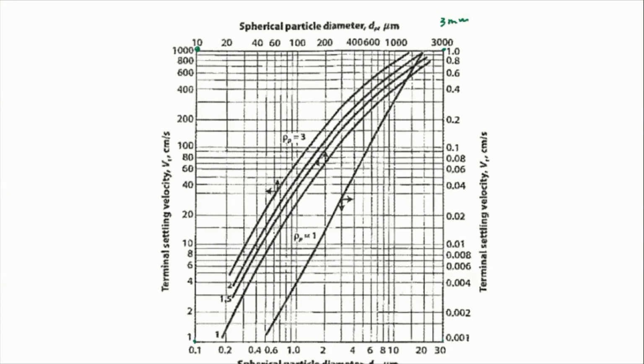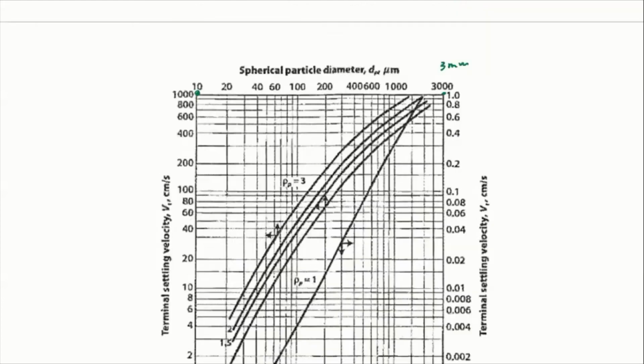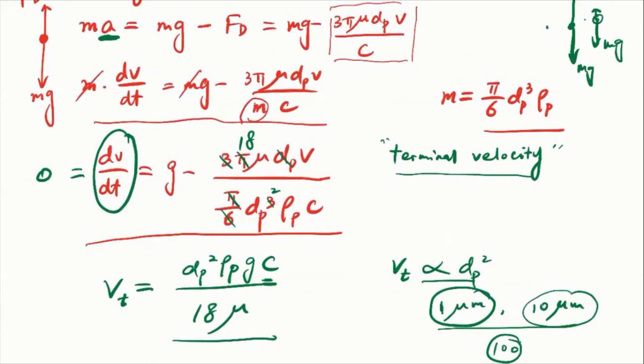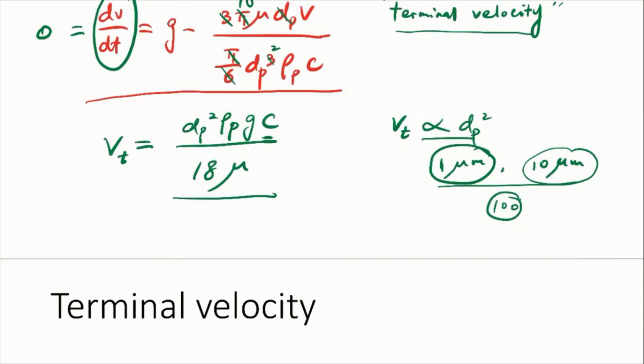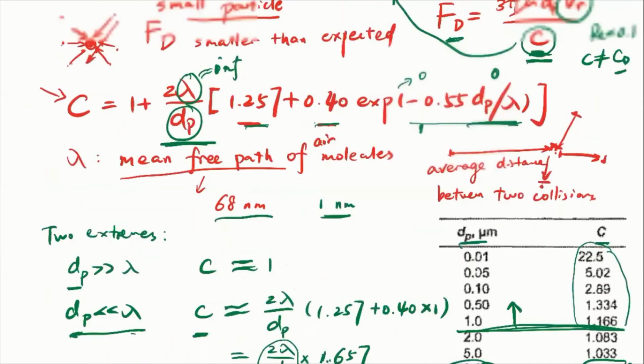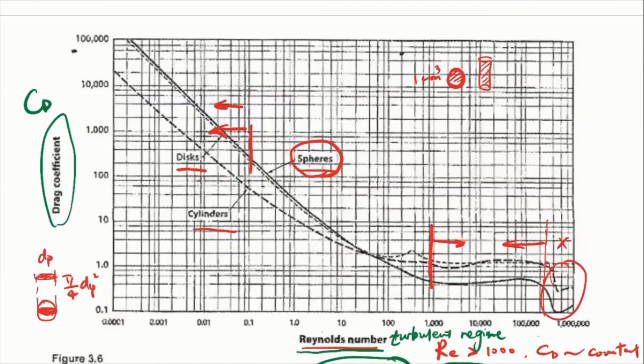You can see those particles now. On the y-axis, it shows the terminal settling velocity. It's calculated based on this equation, okay? And also, I shouldn't say it's based on this equation, but originally everything is based on the drag coefficient.